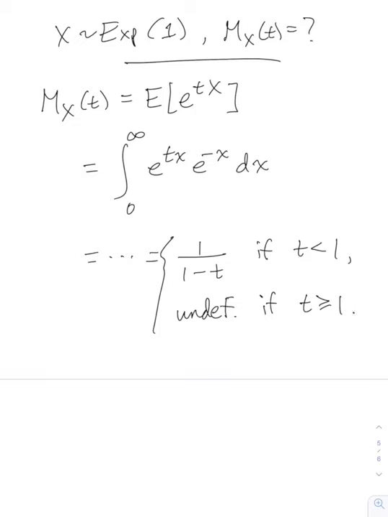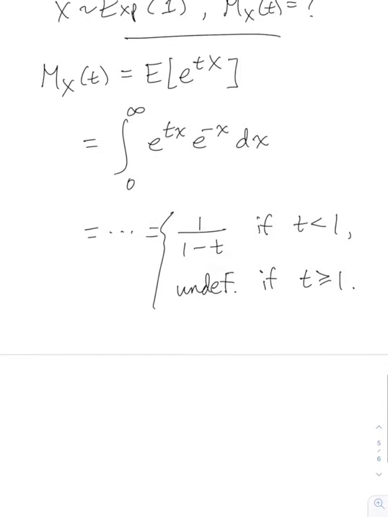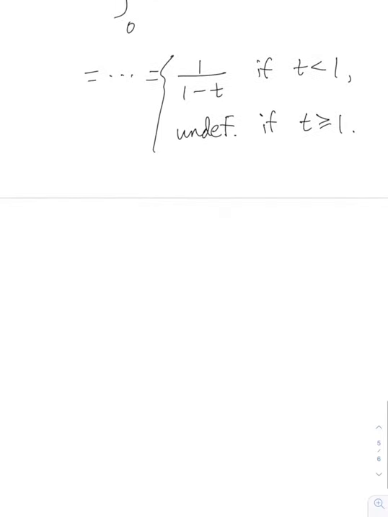However, it does exist in an interval around 0, and it's a very nice function. They're infinitely differentiable, so we can differentiate as many times as we want and calculate all the moments of the exponential. I'm not sure why I did lambda equals 1. I guess because the lighting is bad here and I'm reading in the book and I thought it was a 1, but it's a lambda. If you want to generalize, see the book. It's not much different.